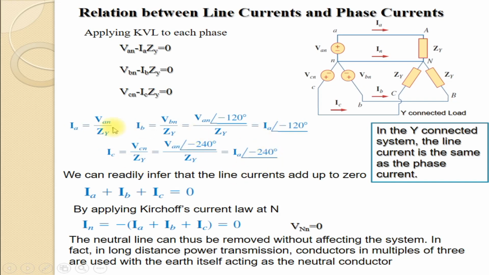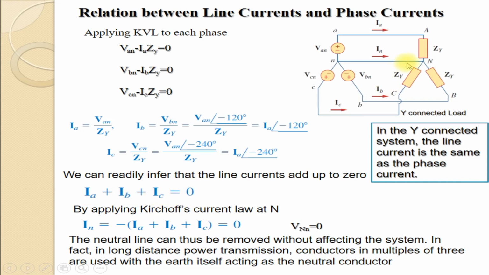If you add this up, IA angle 0 plus IA angle minus 120 degree plus IA angle minus 240 degree, you will get 0. That we have seen from the basic relation between the balanced three-phase voltages. And if you add IA, IB and IC together, you will get 0.